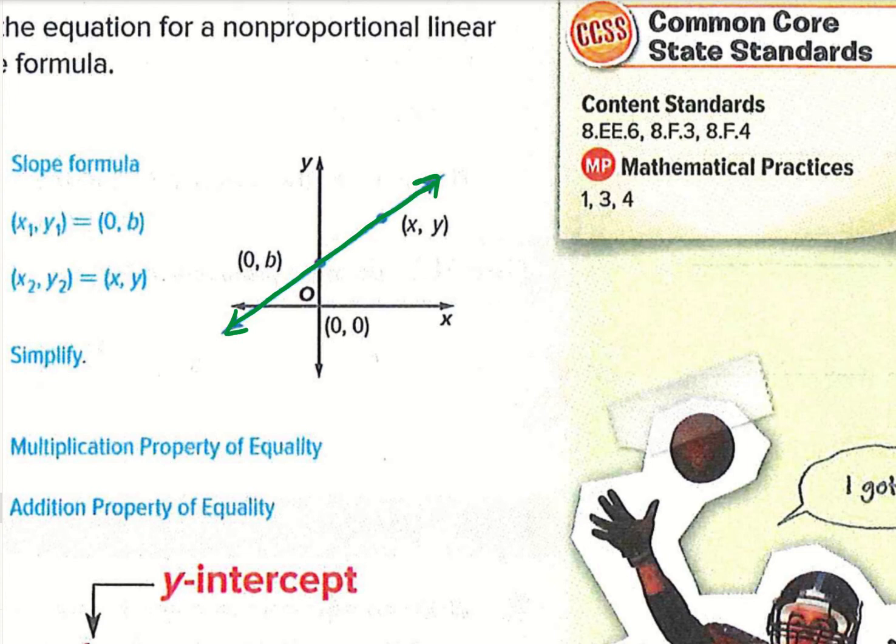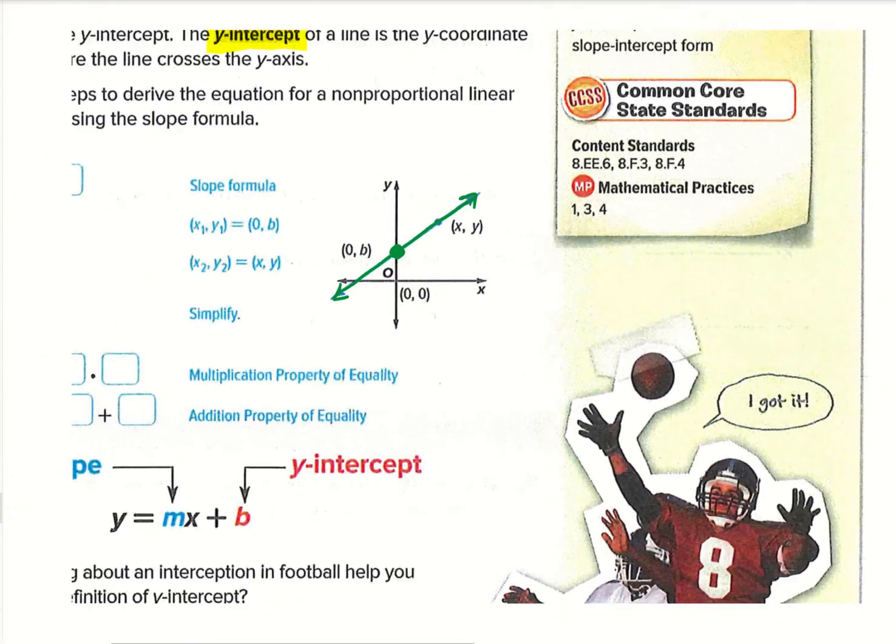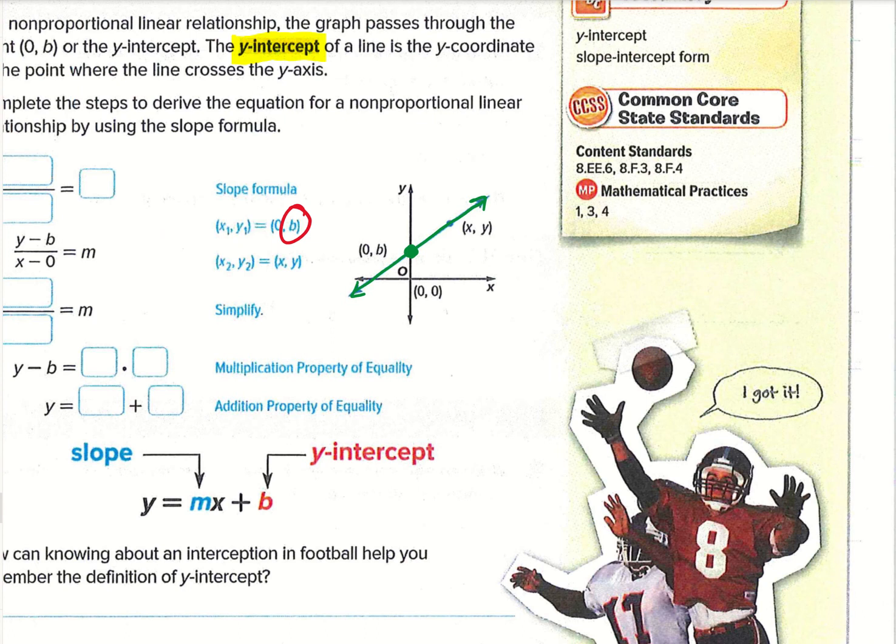Our y-intercept would be where that line passes the y-axis, which is right here. When it crosses that line, that is our y-intercept. It's really easy to remember because it literally intercepts our y line. So that's what b is going to stand for.